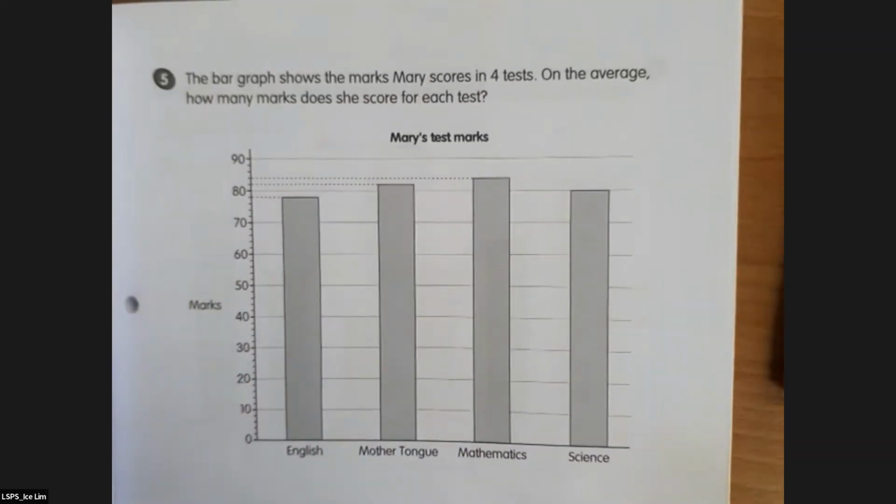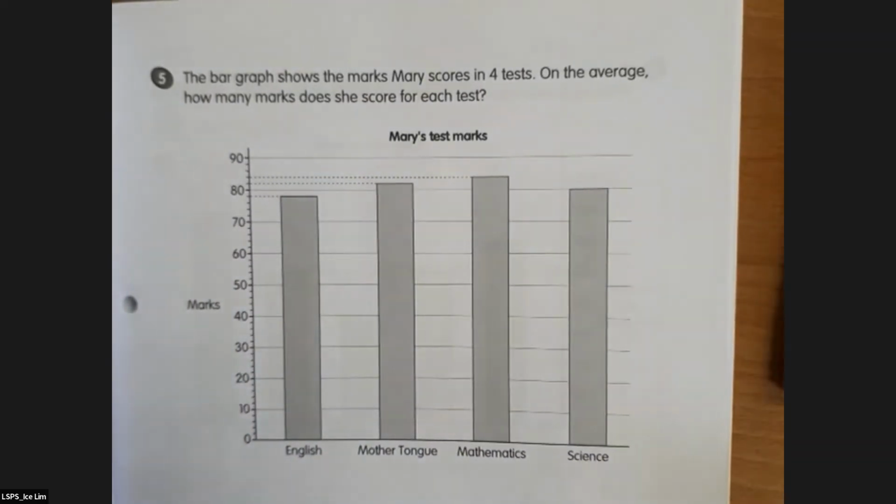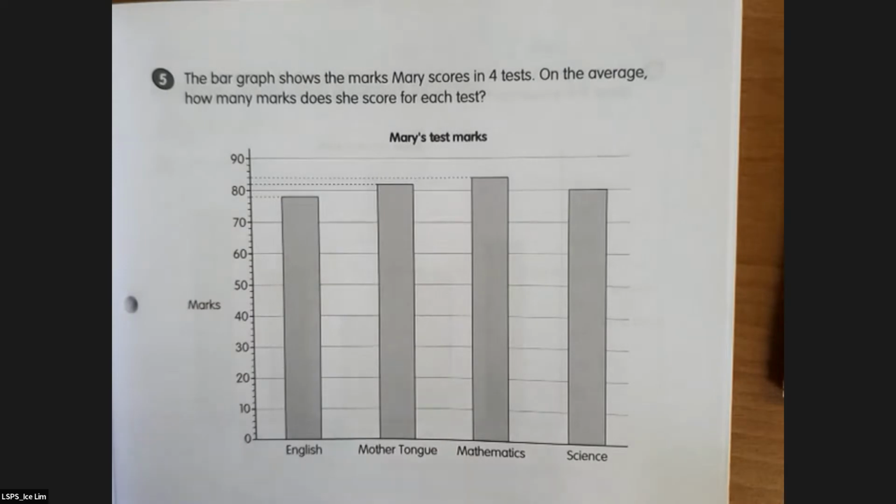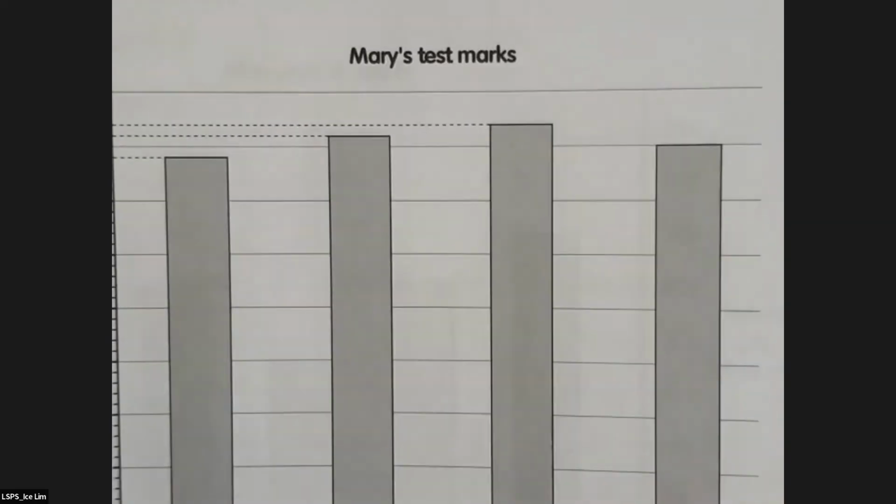All data is given also, but not directly. You have to chop it up. So over here, it depends on your graph reading skills. Before, you did line graphs and bar graphs, so you need to know the interval and spacing.